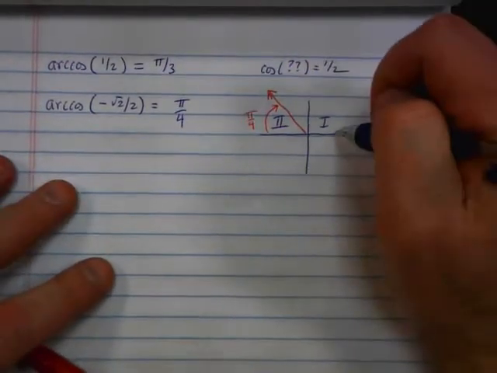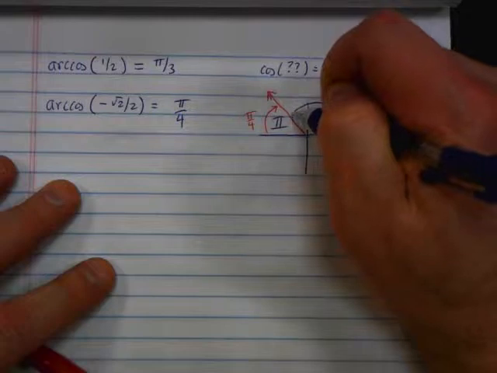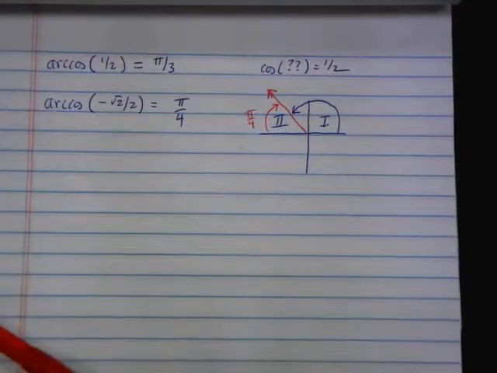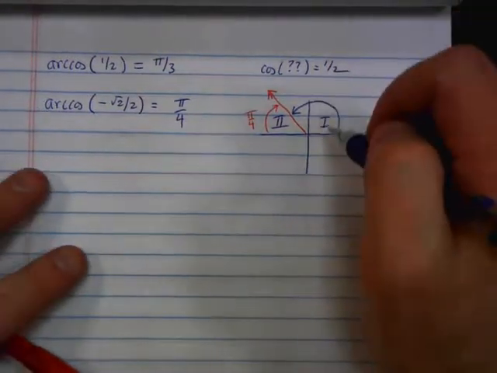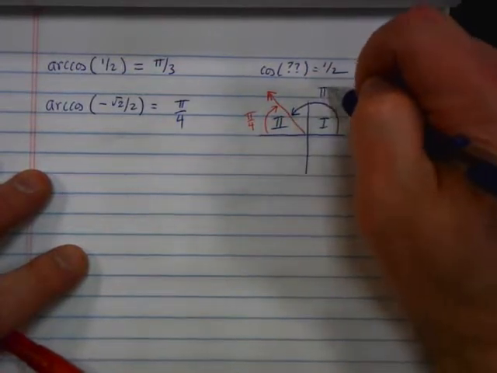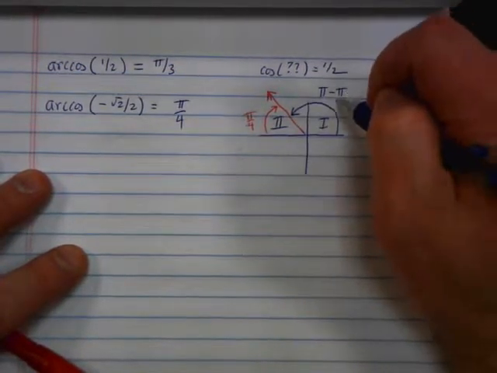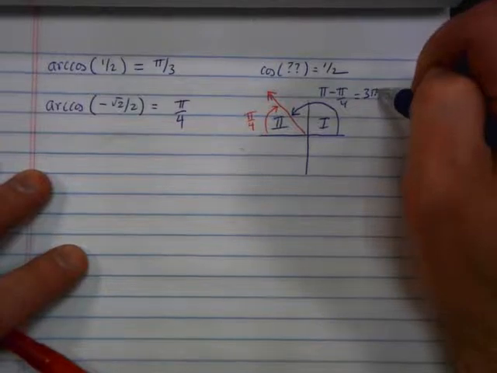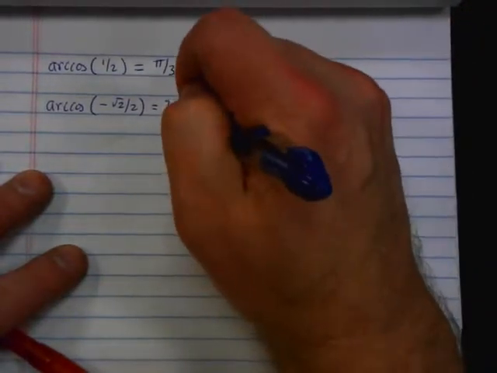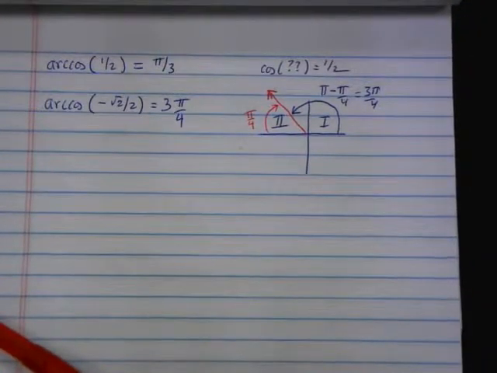If that angle is pi over 4, what's that angle? Halfway around would be pi, and then we subtract the pi over 4, which is 3 pi over 4. So the answer is 3 pi over 4.